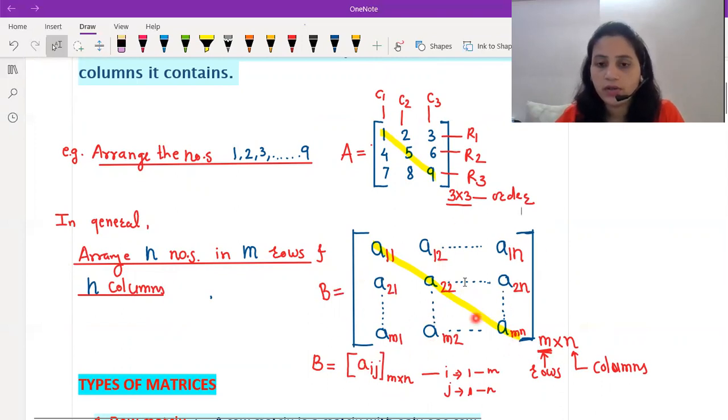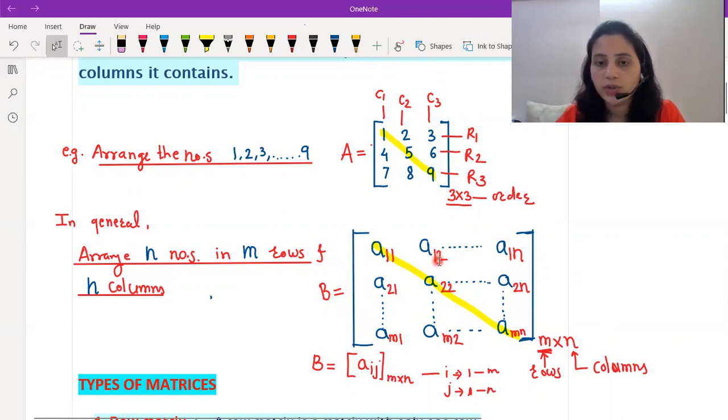So what does it indicate? a11, a12, a1n, these are all nothing but the elements of the matrix B. But if you have noticed here, 11, 12, 1n, these are the suffixes, and what do they indicate? They indicate the position of that element. Now here a11: the 1, 1 represents the position of this number, that is, this element is in the first row and first column of the matrix B.